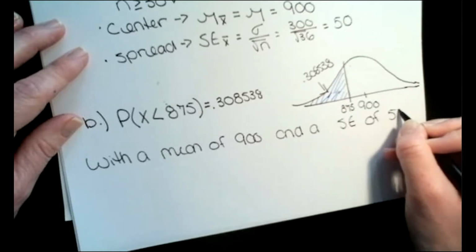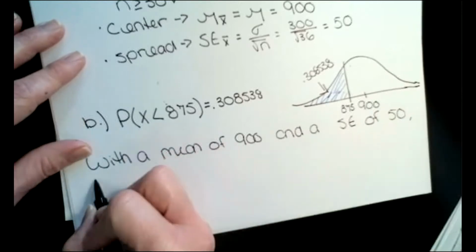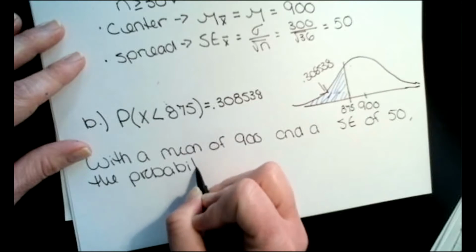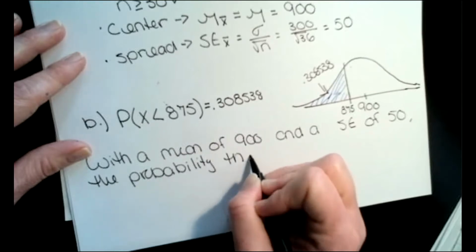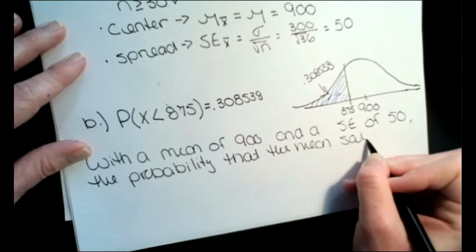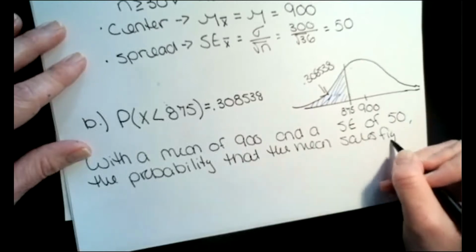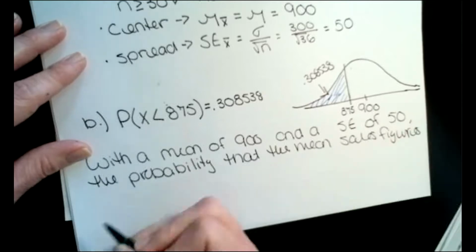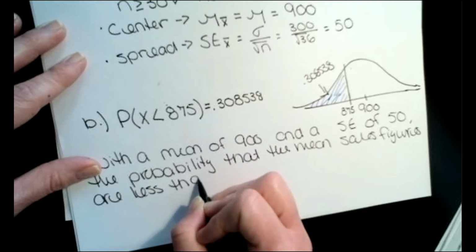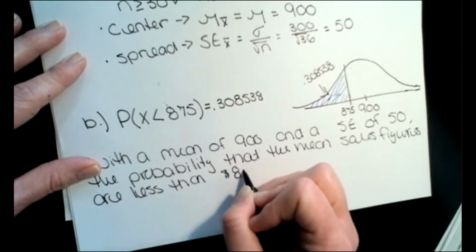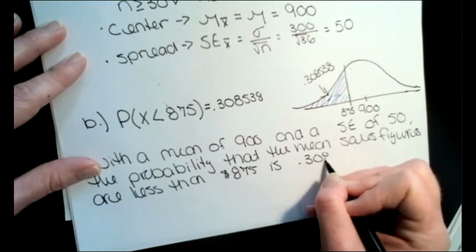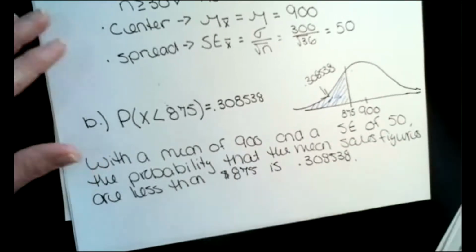Of $50, the probability that the mean sales figures are less than $875 is 0.308538.